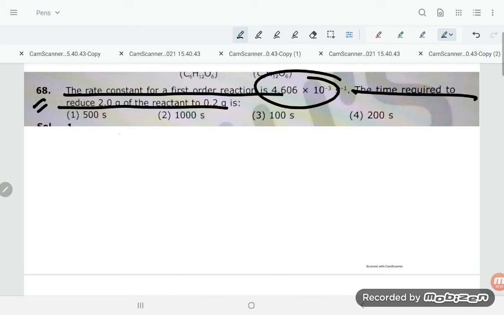So dear student, we know t is equal to 1 by k ln of C naught upon Ct.